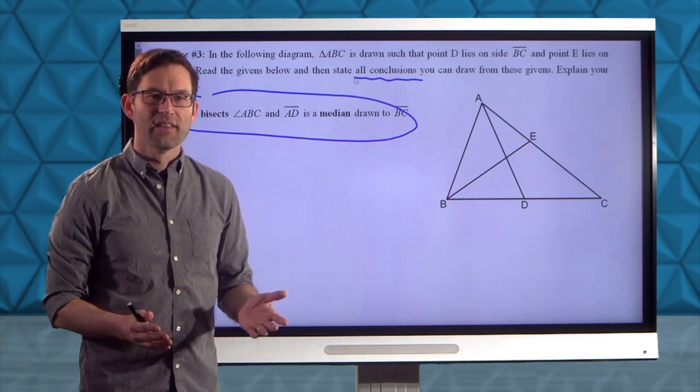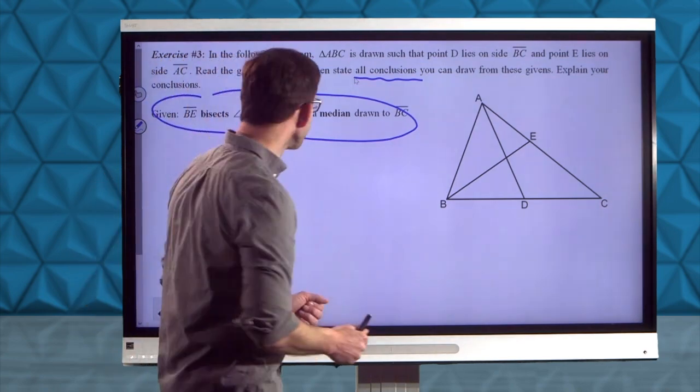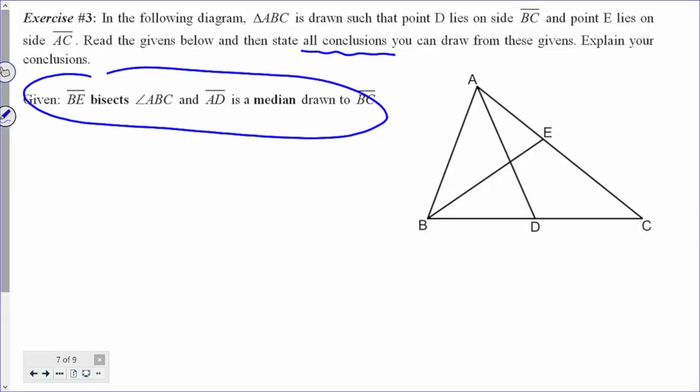All right, let's go through it. So there's a couple givens here. The first one is the fact that BE bisects angle ABC. All right, here's BE, and here's angle ABC. There's a lot of messiness up there right now, so I'm just going to erase it. But what do I know? Well, I know that an angle bisector divides or cuts an angle into two congruent angles.